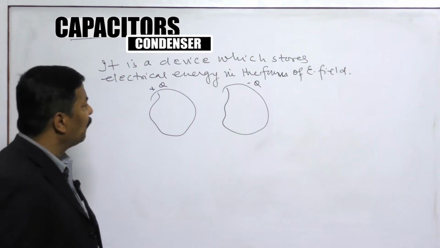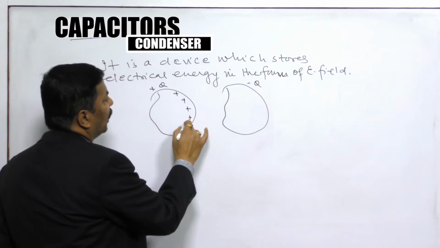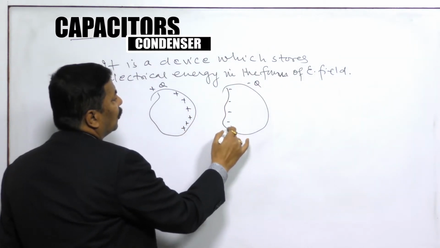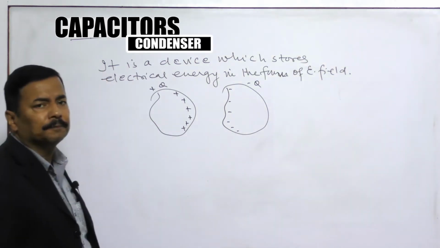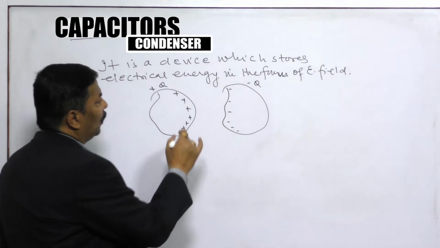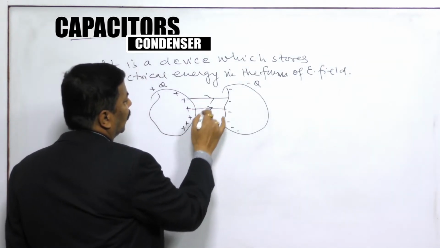Naturally, by the rule of electrostatics, the positive charge will accumulate towards this surface and the negative charge will accumulate towards this surface. So an electric field is generated, an electric field is set up.